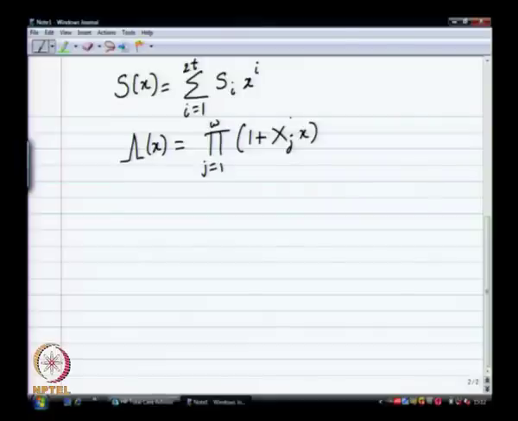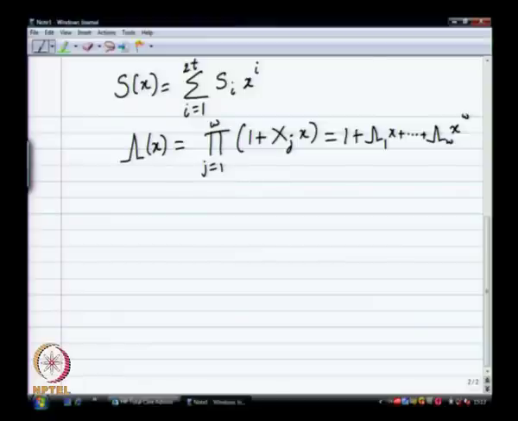So these are the two polynomials we define. We define a syndrome polynomial and an error locator polynomial, and we in fact think of this polynomial in its expanded form. It will be 1 plus lambda 1 x plus so on till lambda w x power w.